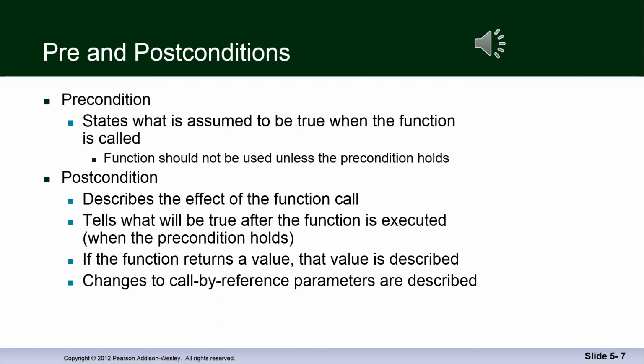The postcondition describes what happens or the effect of the function call. It tells what will be true after the function is executed, obviously when the precondition holds. If the function returns a value, that value is described in the postcondition, and changes to call by reference parameters are also described in the postcondition.